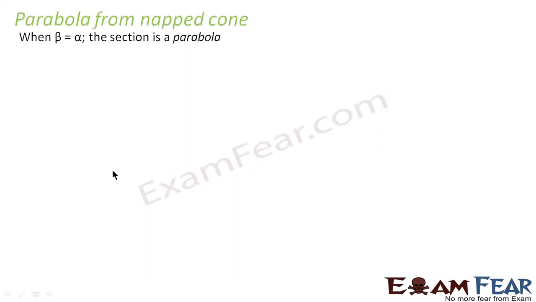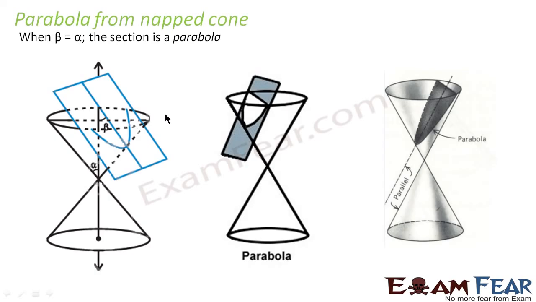In the third scenario, when we get a parabola, here beta is equal to alpha. So whatever angle this is which the axis makes with the generator, this is the axis, again I'll write here axis, and this is the generator, GEN. This angle is alpha. Now if the same angle is made by the axis and the plane, that is alpha is equal to beta, what we get is a parabola.